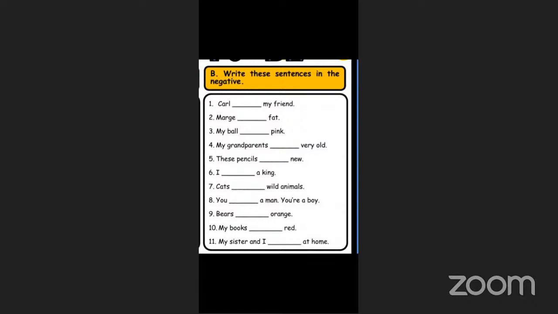My sister and I, there are 2 people. So it's in plural form. You have to use are not. My sister and I are not at home. Okay, I think you have got an idea of using the negative form of be verbs am, is, are. Am not, is not, are not.